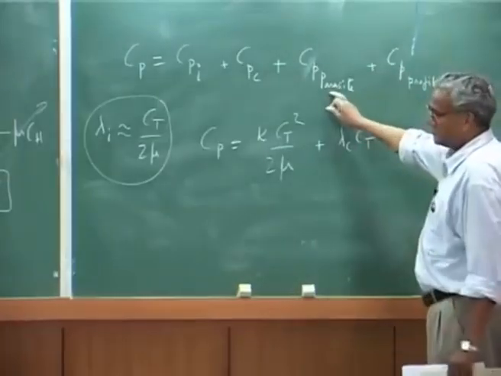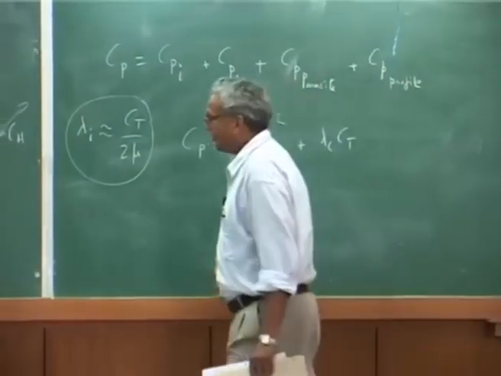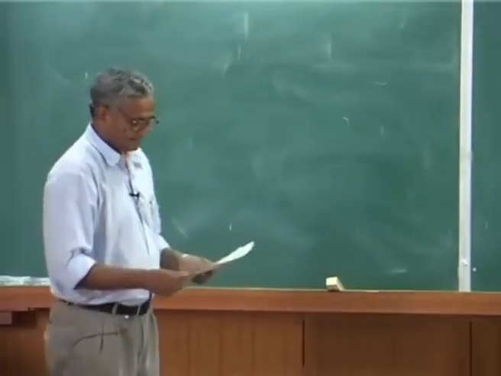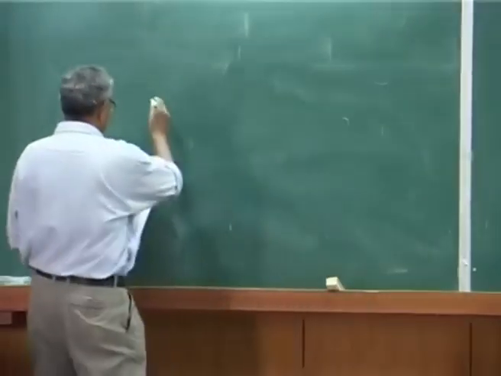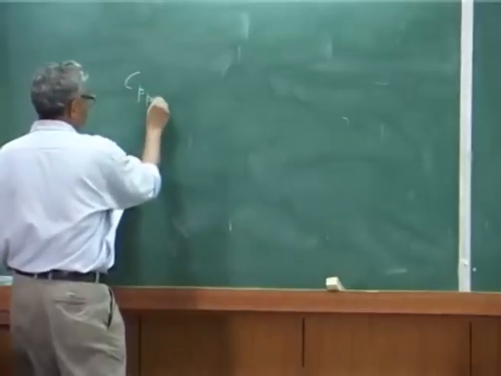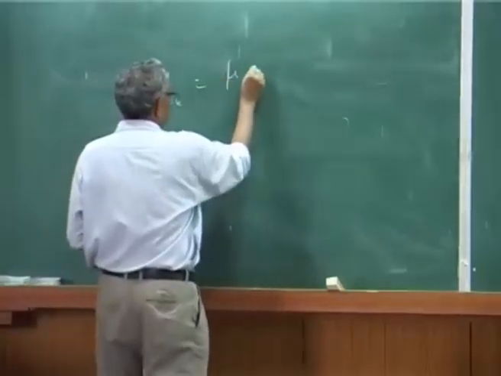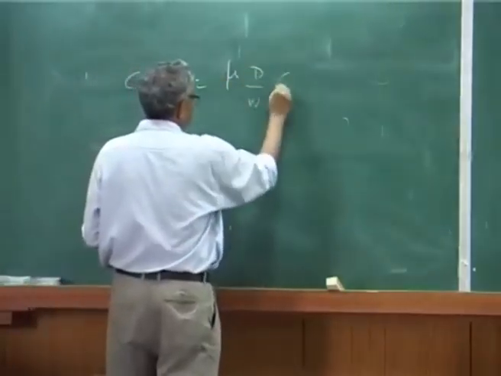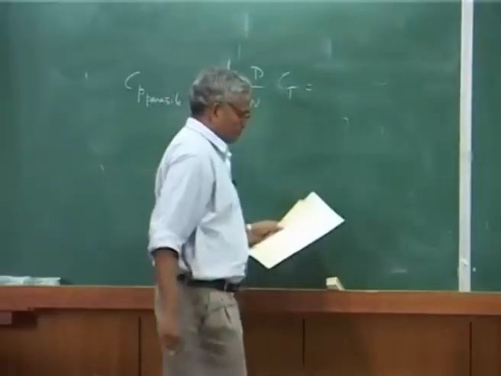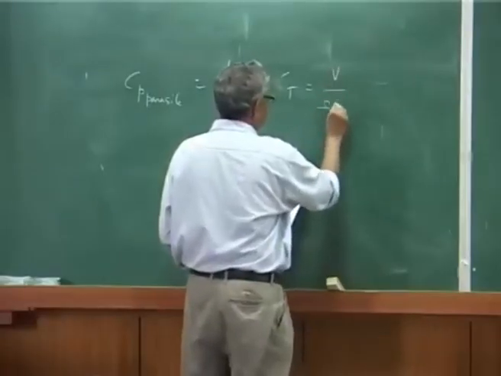And then this power you will now write it in a different form. See, how do you write the fuselage drag? Fuselage drag, you are writing Cp parasite as mu d over w Ct, okay. Mu is, you take it approximately V over omega r.